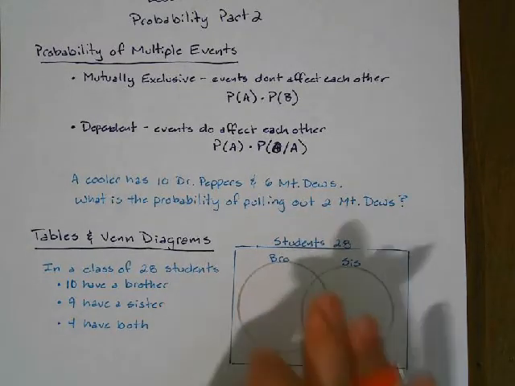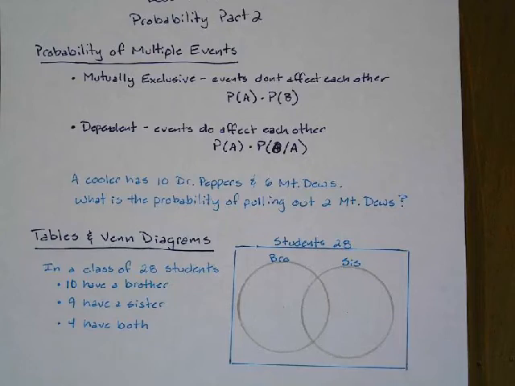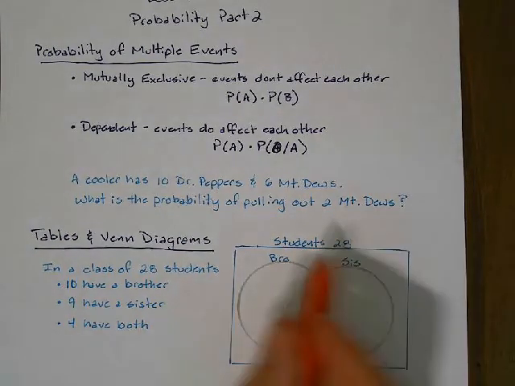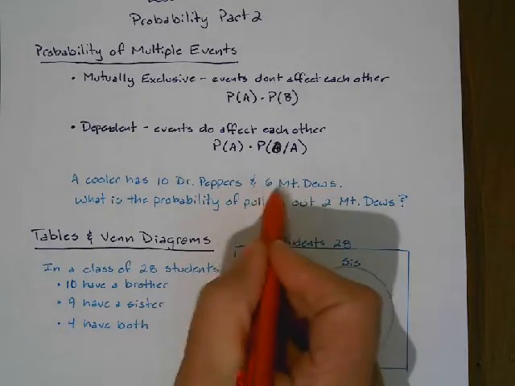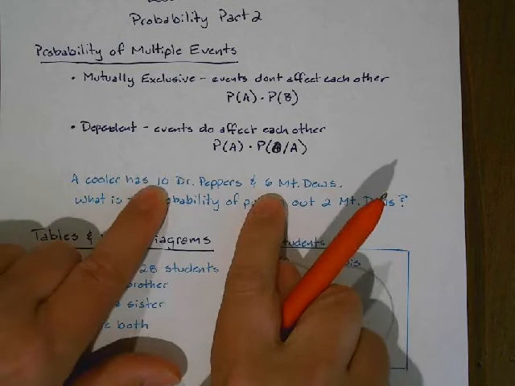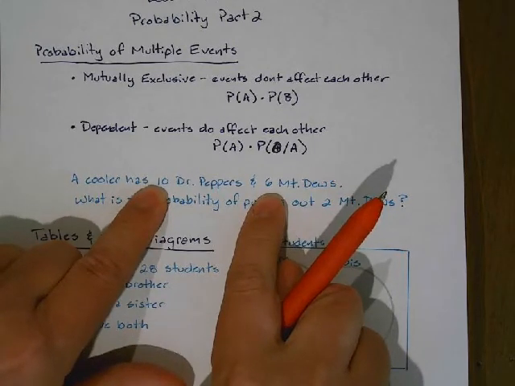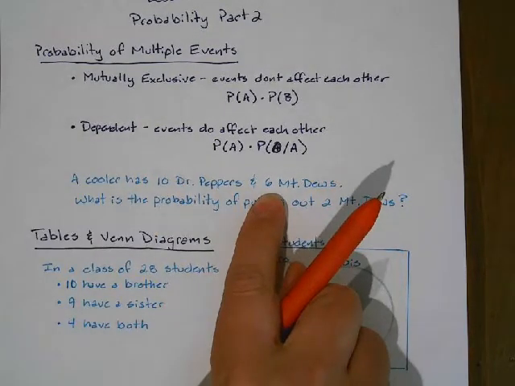Since I'm pulling out 2 Mountain Dews, my first pull is going to affect my second one. On my first pull, there are 16 drinks, and I have 6 chances to pull out a Mountain Dew, and we're just assuming that we're pulling them out randomly without looking.